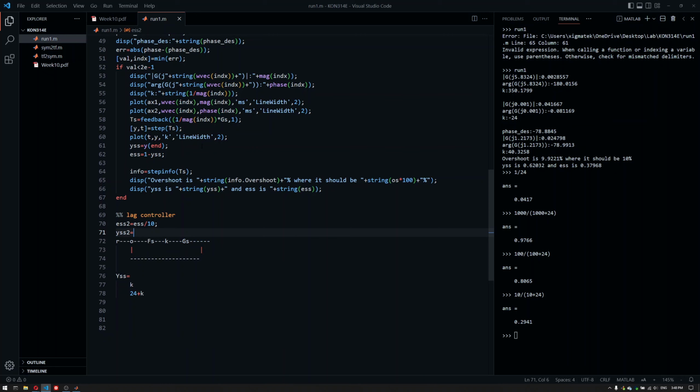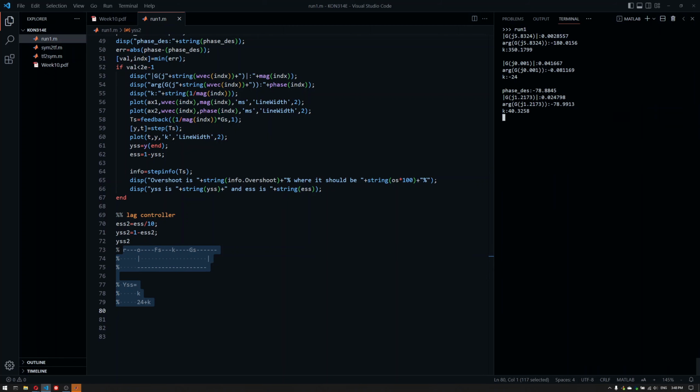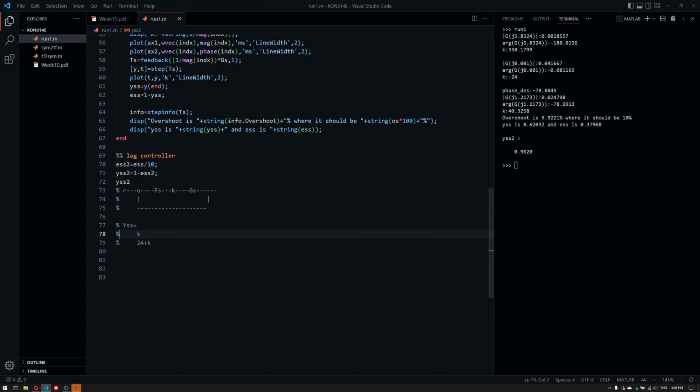Then YSS2, for the new setup, should be 1 minus ESS2. Let me comment this out. So YSS2 should be 0.9620. If this is YSS, then we can solve this now. So 20K is equal to YSS2 times this one here.